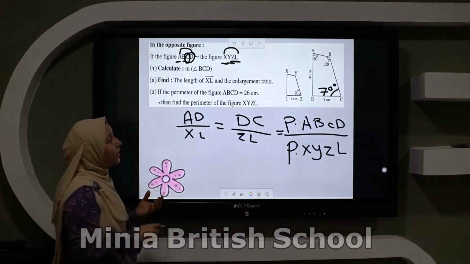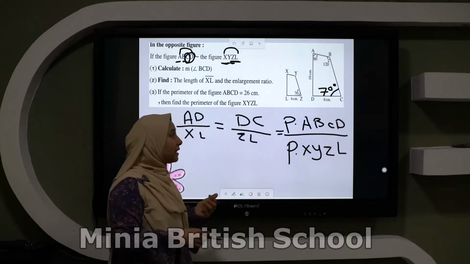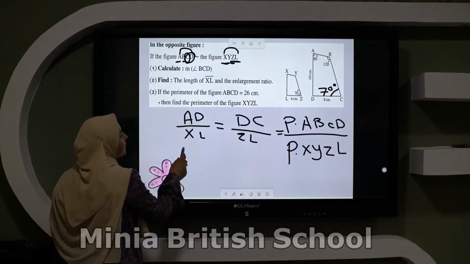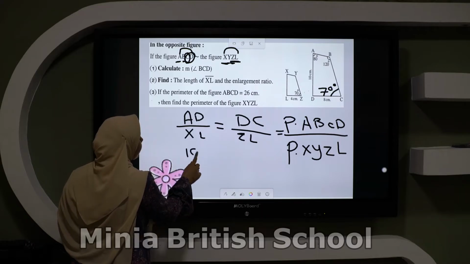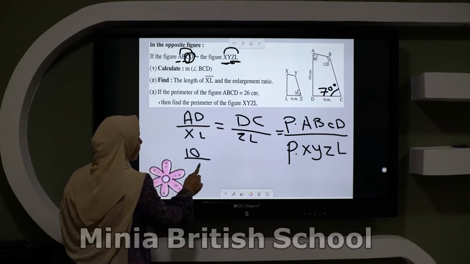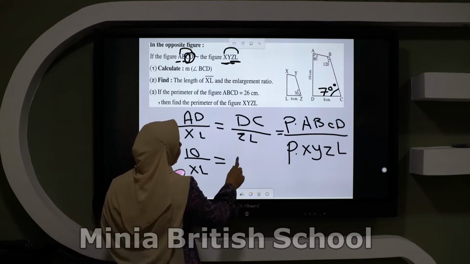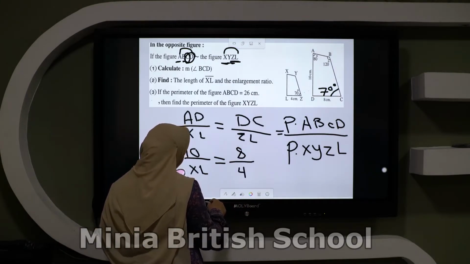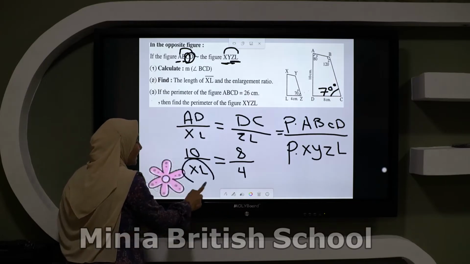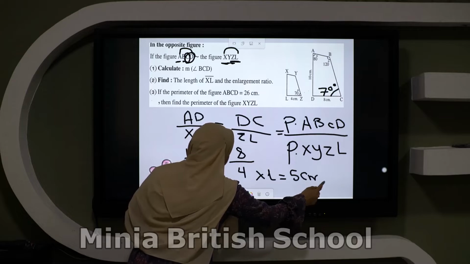By substituting the values, we get AD equals 10 centimeter, XL I need to find, DC equals 8 centimeter, ZL equals 4 centimeter. Okay, so XL equals 5 centimeter.